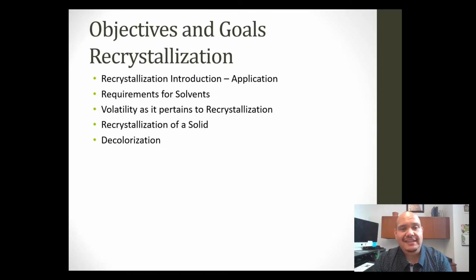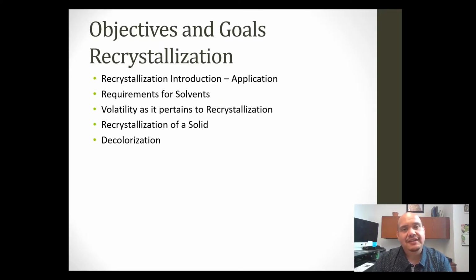Particularly here, there are a few points we should keep in mind as we go through the recrystallization procedure. That is the recrystallization introduction, specifically how recrystallization is applied to organic chemistry. The requirements of solvents that we choose for recrystallization of certain compounds.